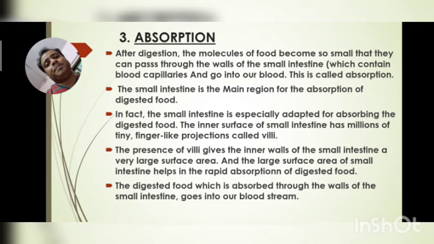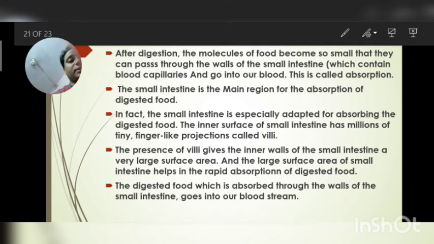It needs structures with a large surface area, that is the villi. Here villi absorb all the very simple compounds of food and give them to the bloodstream. So what is absorption? The molecules of food become so small that they can pass through the walls of the small intestine with the help of capillaries, and this process is called absorption.